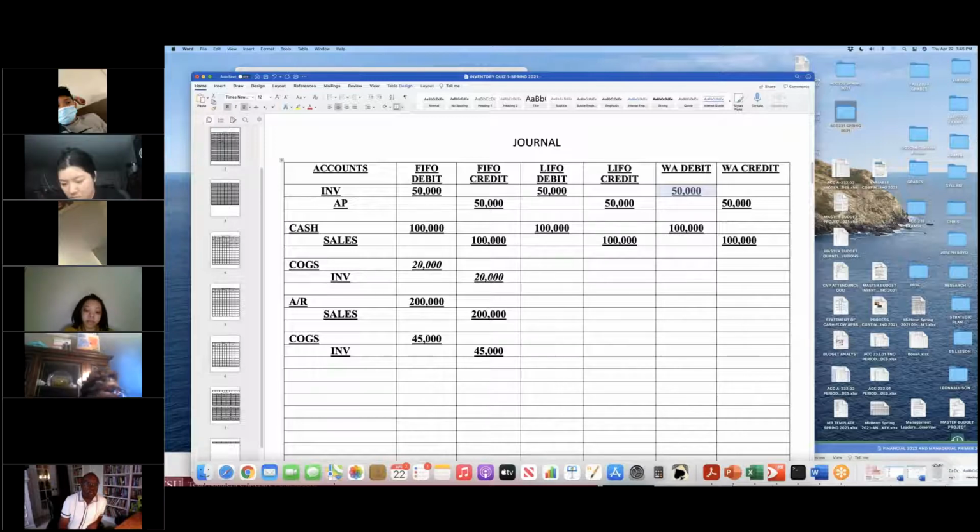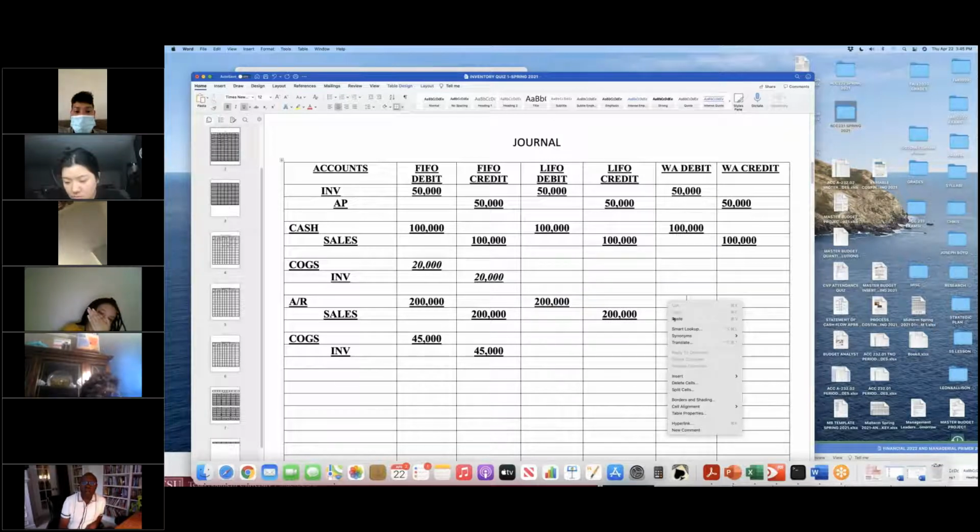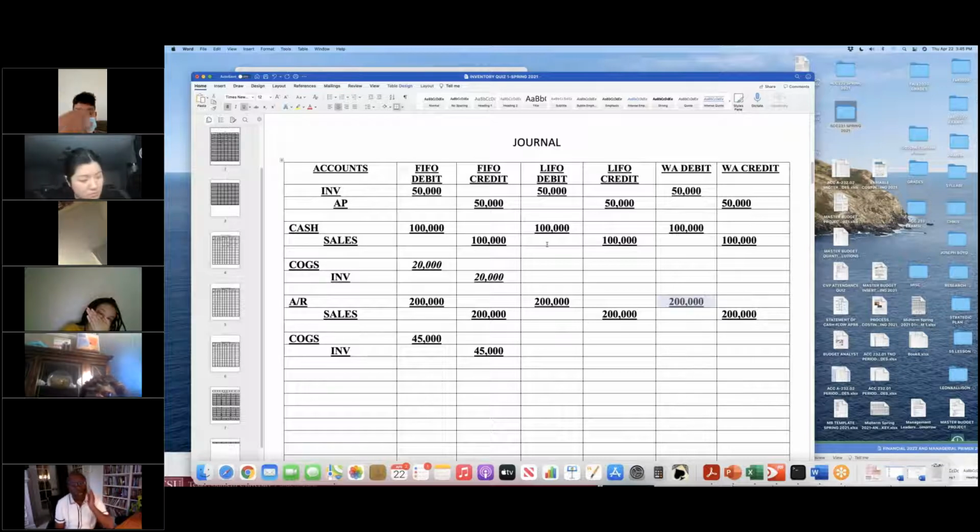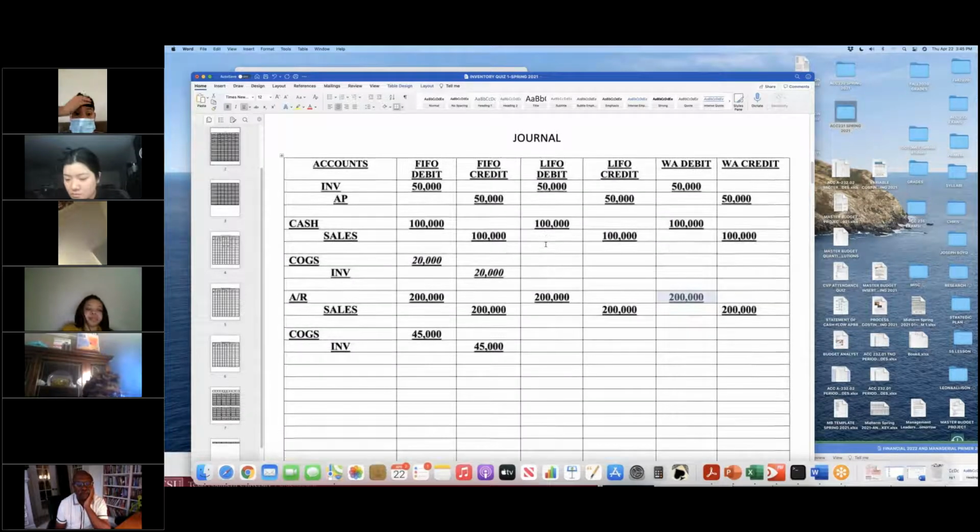And the cost of goods sold number will change. So these numbers will stay the same too. So that's why I set it up this way. Once you've done journal entry 1 and journal entry 2, it stays the same for all methods, so you already have it.